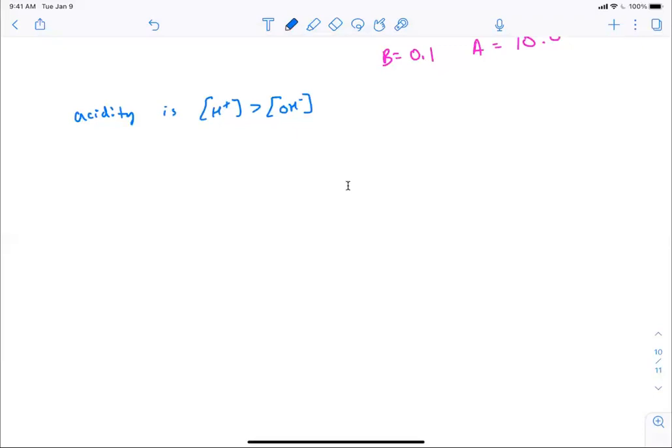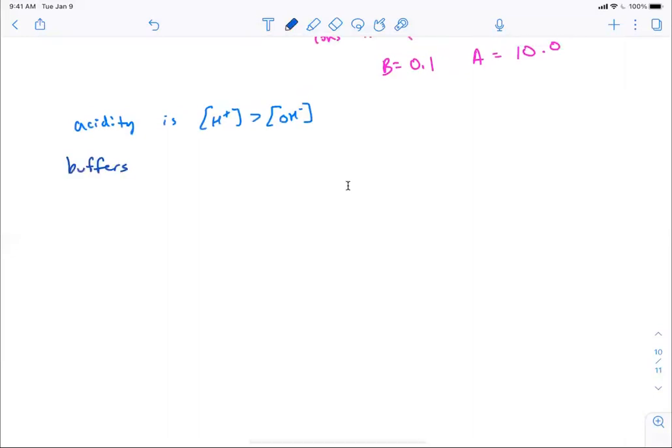Okay. The second thing is buffers. And I've had this question a lot, and I know a lot of students struggle with this: how to make a buffer. There are a few things you need to think about when you make a buffer, and these are the questions you should ask yourself.